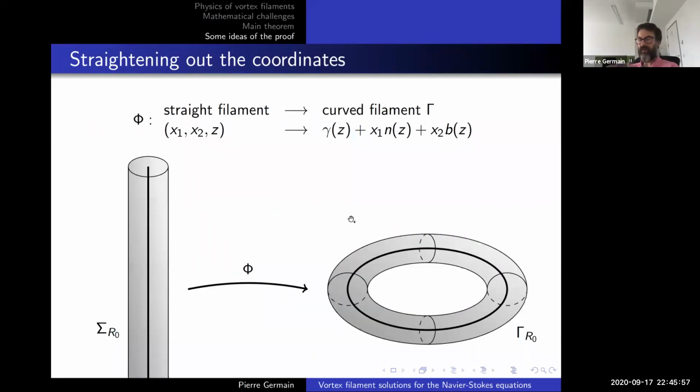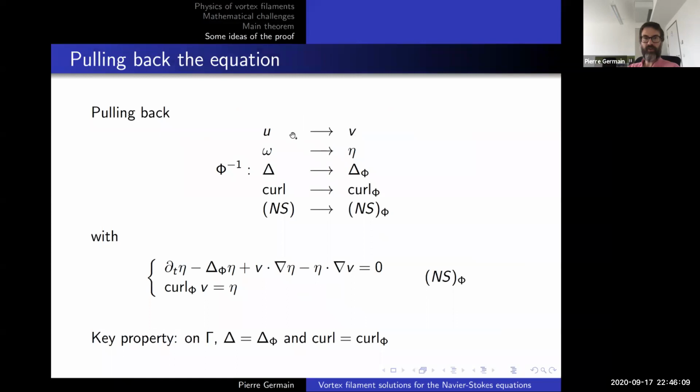So the physics happens on this side of the map phi, and we want to pull it back to the straight filament. So we map the physical velocity to the velocity v in the new coordinates, omega, the physical vorticity, to eta.